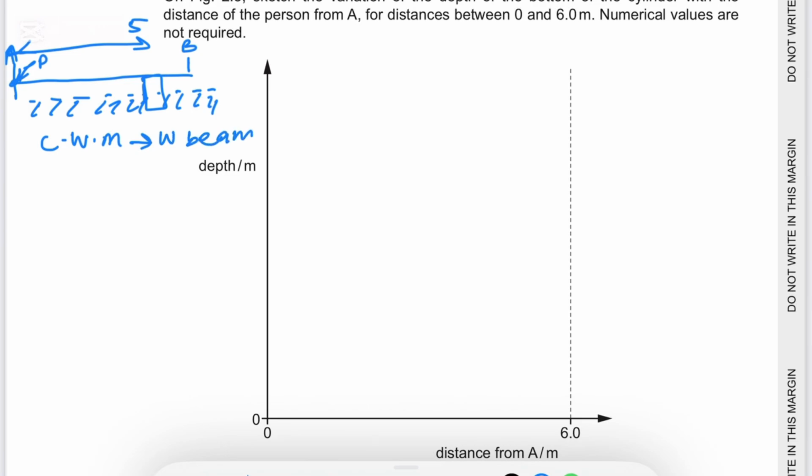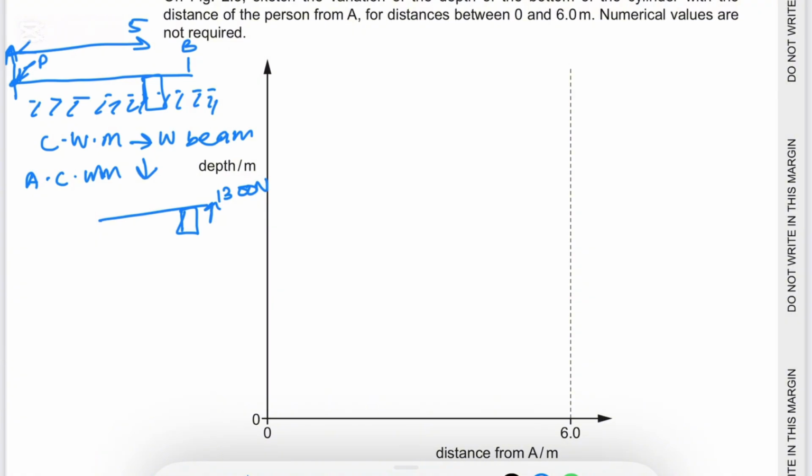That means now the total value of clockwise moment is reduced. And for this beam to remain in equilibrium, the anti-clockwise moment must also drop to balance this, which results from the 1300 newton force acting upwards from the cylinder onto the beam.